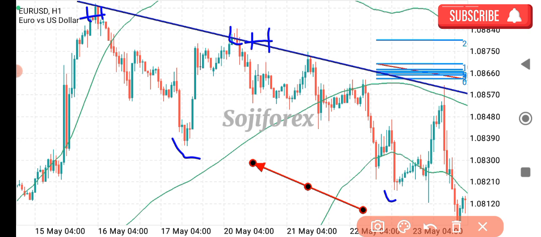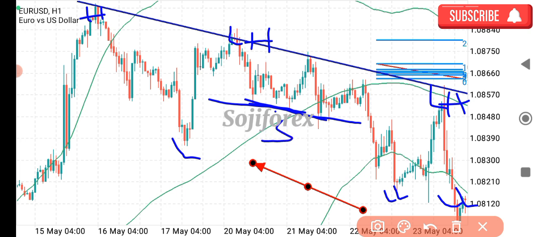Here we are having a lower low, another lower high, and here we are having a lower low. So you are wondering what happens to all of this low. All of this low you are seeing here are internal liquidity.